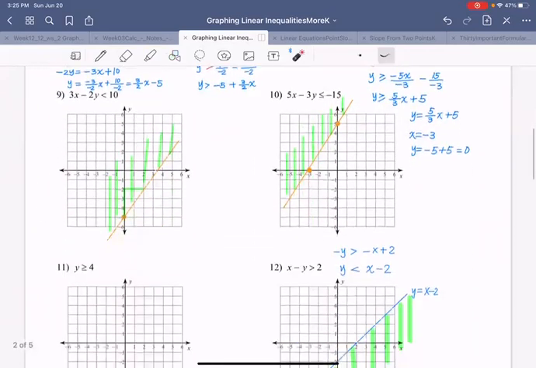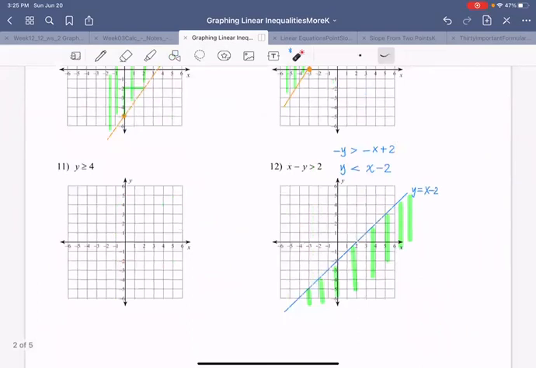Y equals a number is a horizontal line, right? Don't miss this, because on this horizontal line, every point has the y value of 4. Does that make sense?